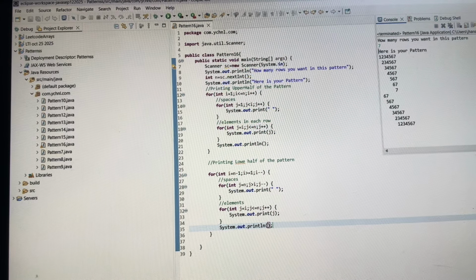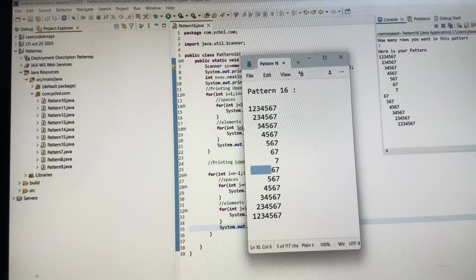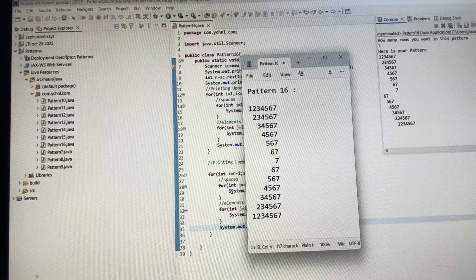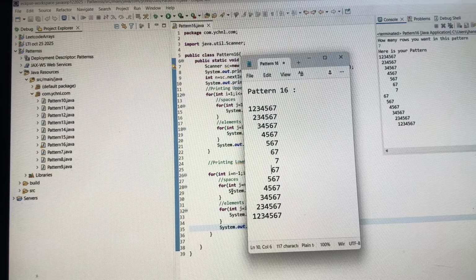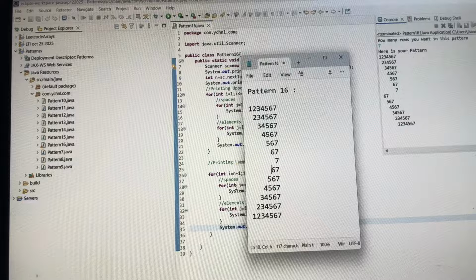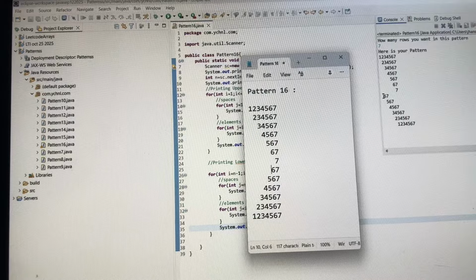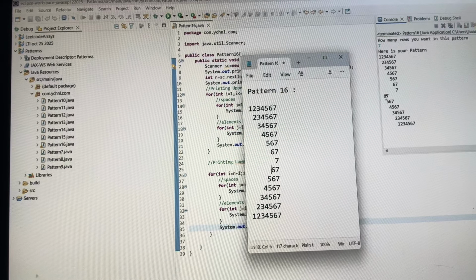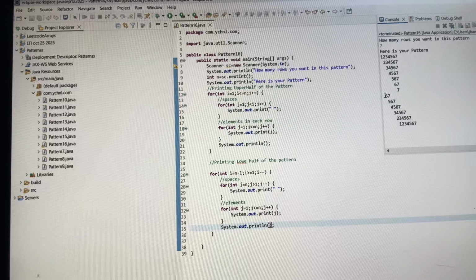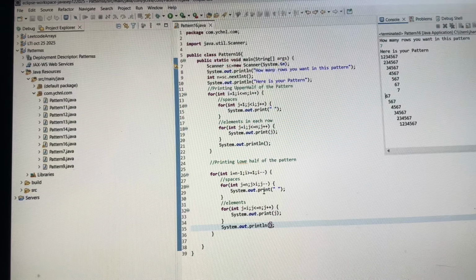So how we want the spaces: why are there no spaces in the first row?